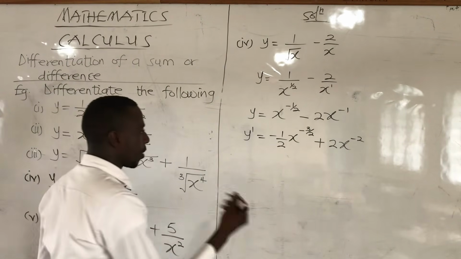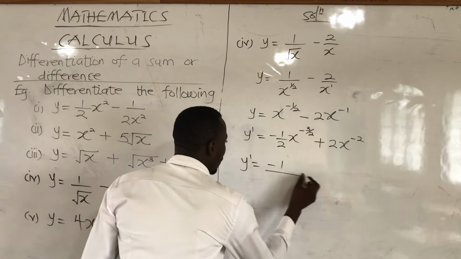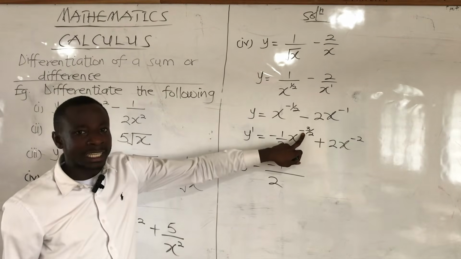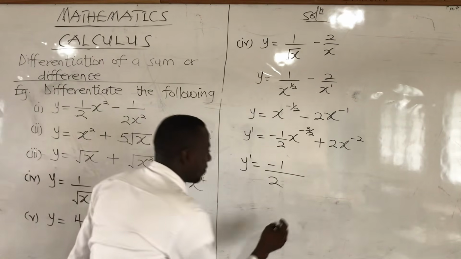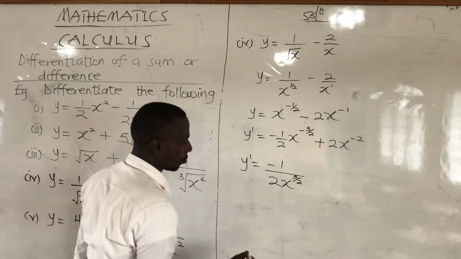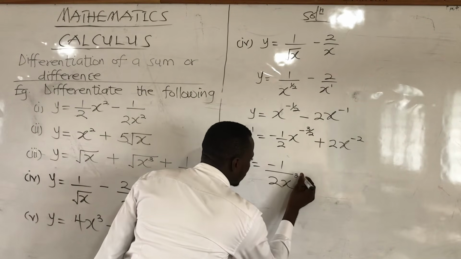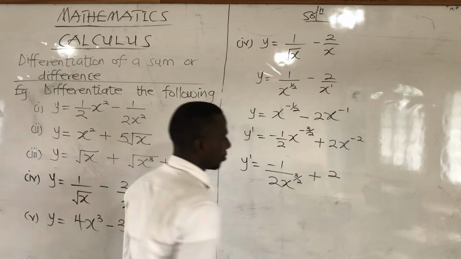So now we are going to rewrite them again. So y prime is going to be minus 1 over 2. Because the exponent is negative, it has to come down, giving us x power positive 3 over 2, plus 2.